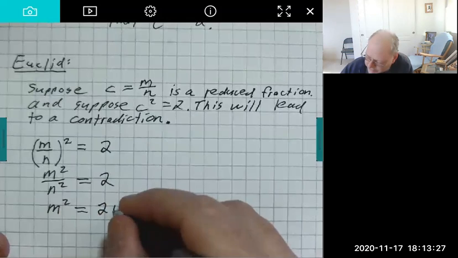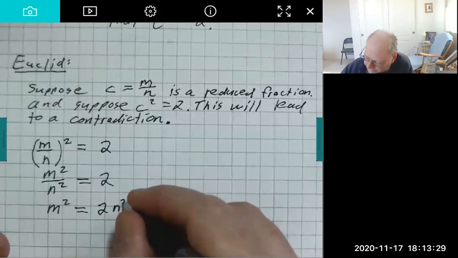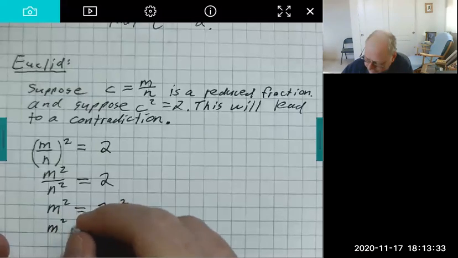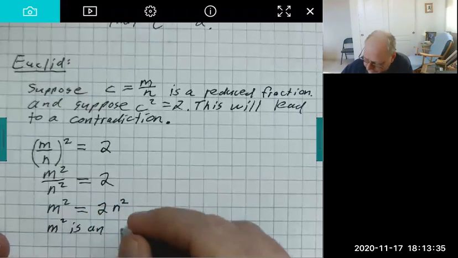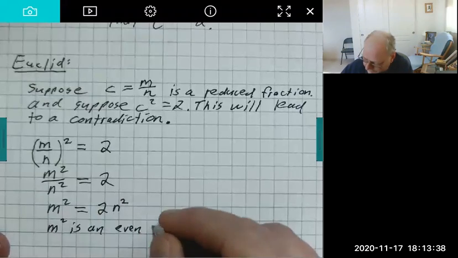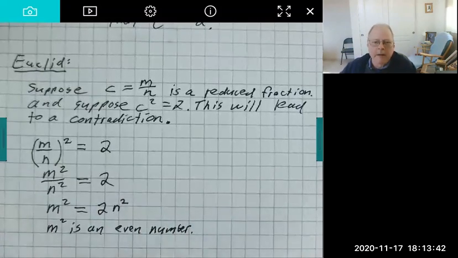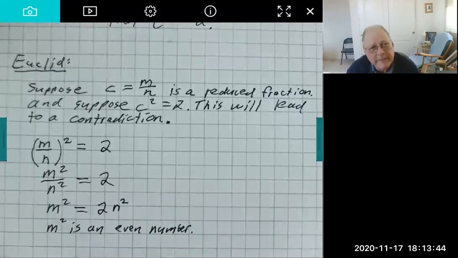So m squared is twice as big as n squared. So m squared is an even number. So what about m all by itself? Is m even or odd?